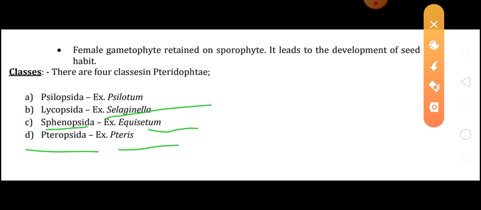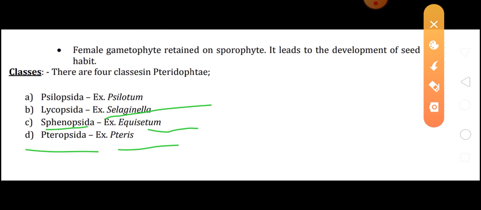Study more and more, and after that do practice in a rough notebook. Learn the features of cryptogamy or phanerogamy, then take a fair paper and write about that. If you practice like this, then you can learn and write well in your exam.